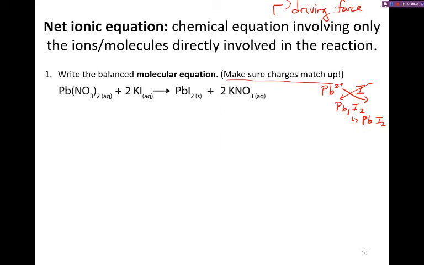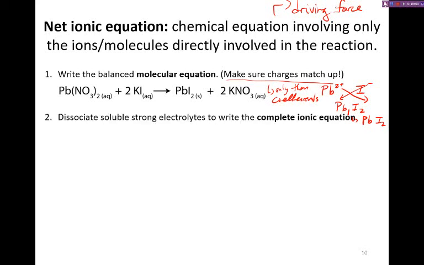Okay? So you want to make the charges match up, and then, only then, do you deal with coefficients. If you start to deal with the coefficients before your charges are matched up, you're going to make mistakes. Then you want to dissociate strong soluble electrolytes to write out the complete ionic equation. So we know that they're strong electrolytes when they are listed as aqueous.